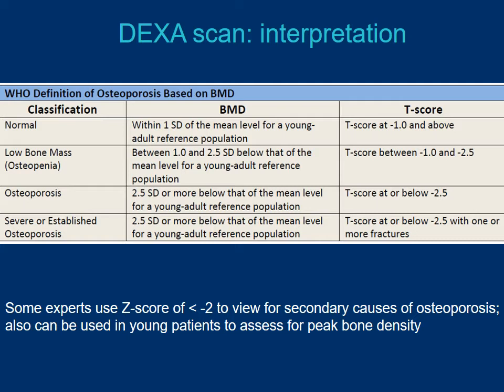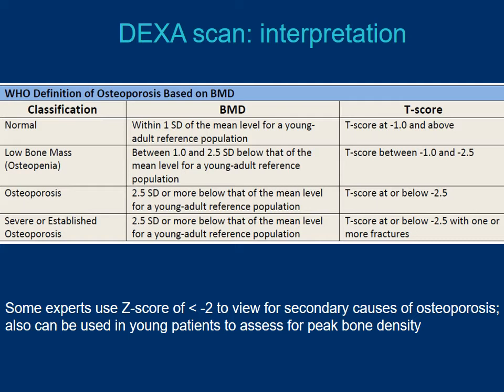Low bone mass or osteopenia is between 1 and 2.5 standard deviations below the mean value for a young adult reference population. That is expressed as a T-score between -1 and -2.5.